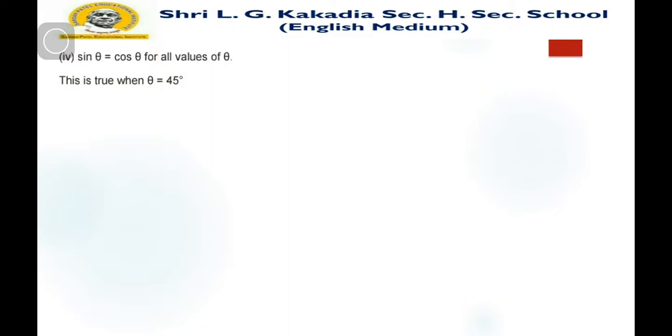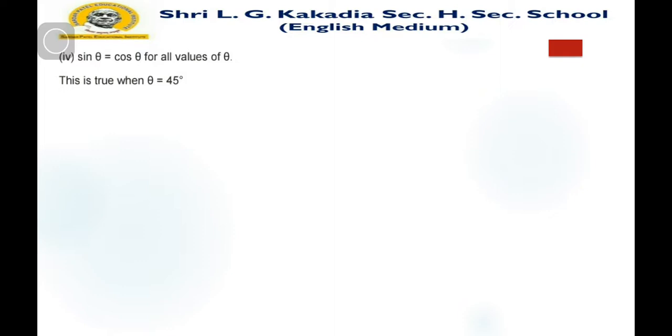Now the statement: sin theta is equal to cos theta. We want to check whether this is true for all values of theta. This is true only when theta is equal to 45. We know that the value of sin theta and cos theta when theta is equal to 45 is 1 over square root 2.